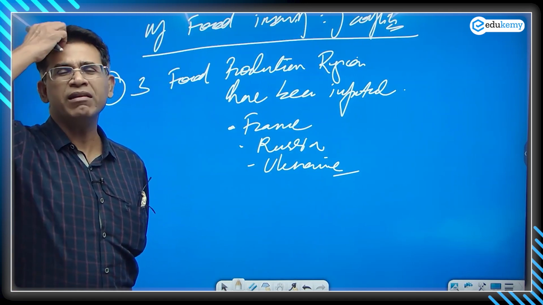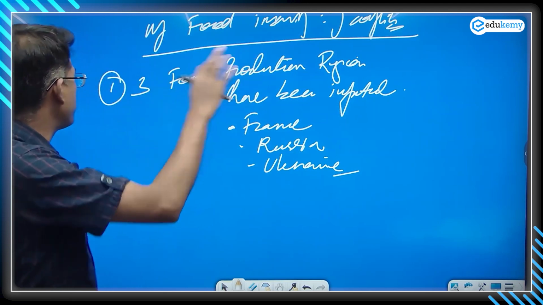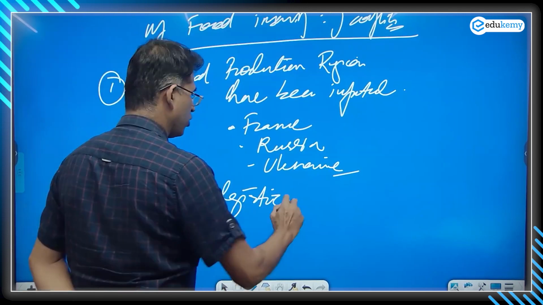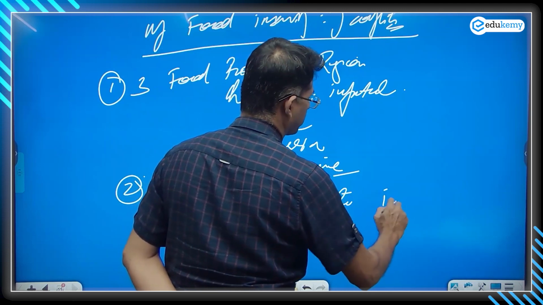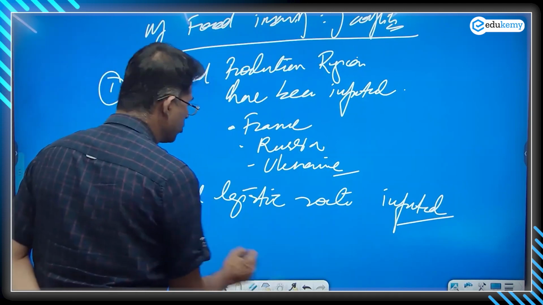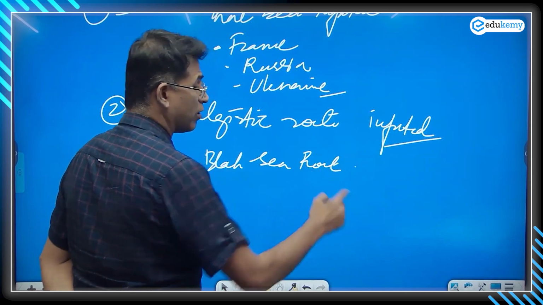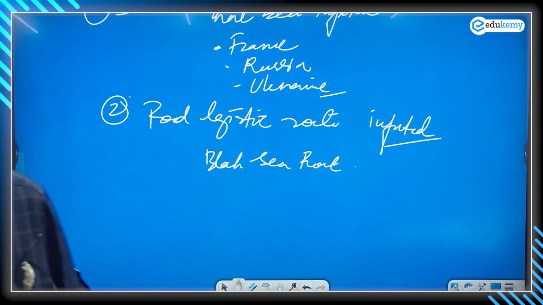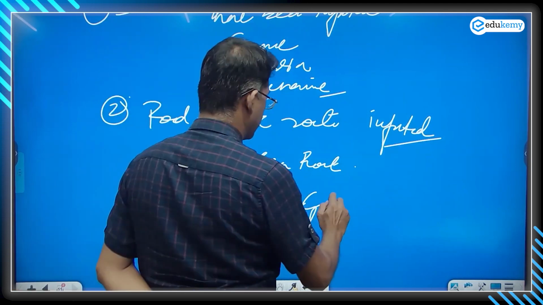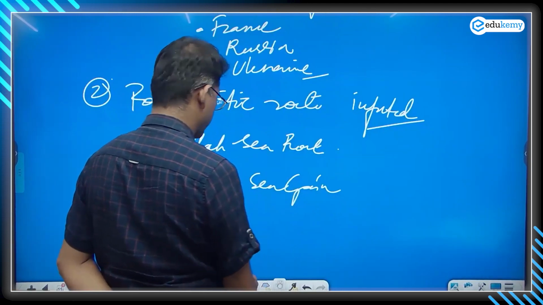So 3 main ones in Europe have an impact. Number 2, food logistics routes have been impacted. The worst one is the Black Sea route because of the Russia-Ukraine war and the suspension of the Black Sea grain initiative.